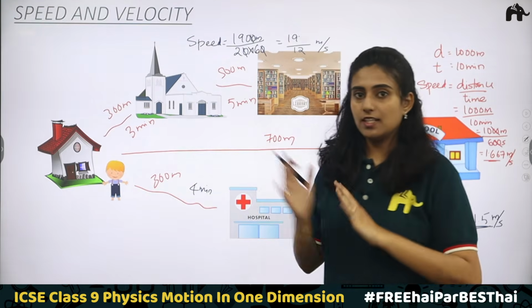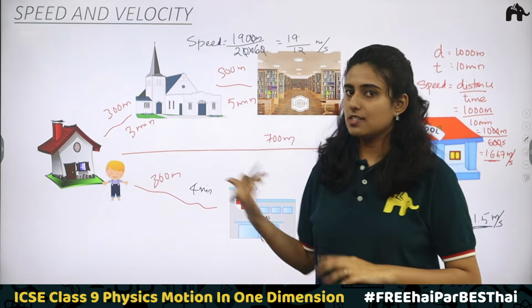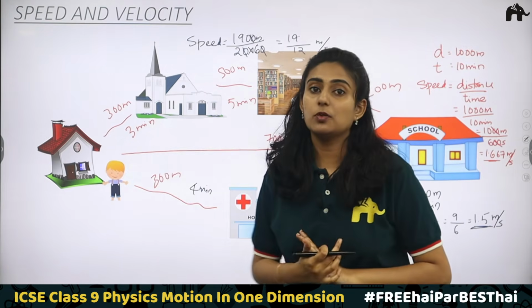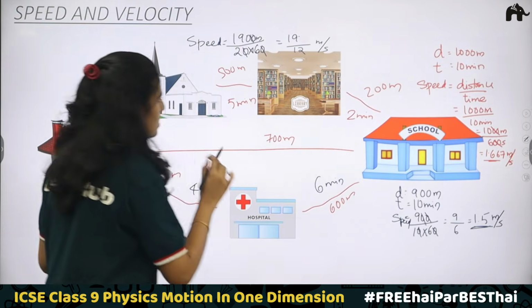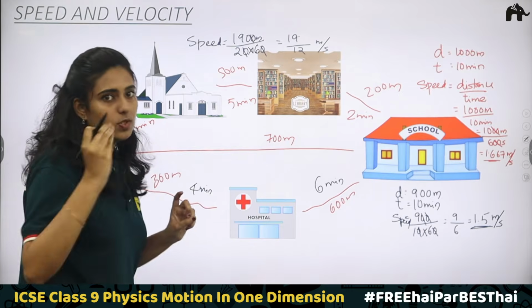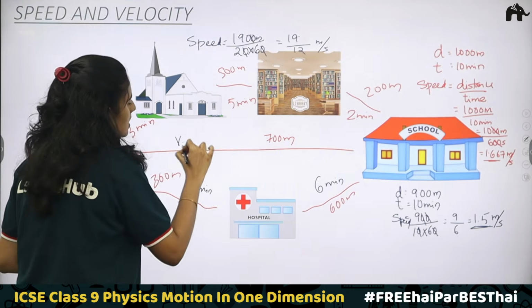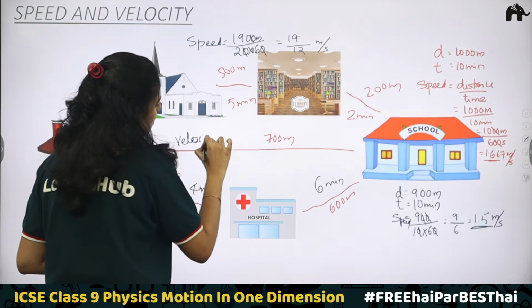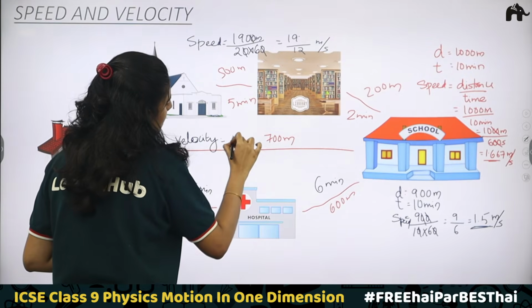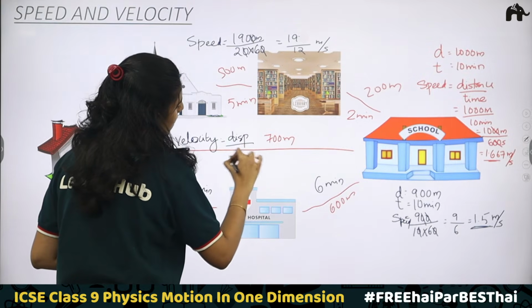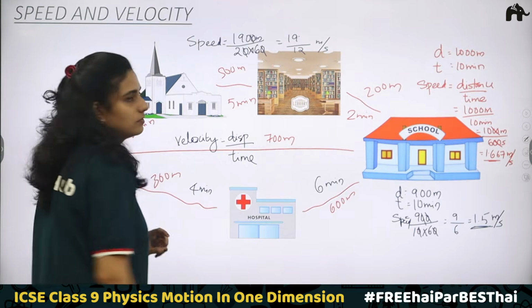Okay. When you take the case of displacement, displacement is the shortest distance we know. Using displacement, we will be calculating the velocity. So velocity, as we said, speed is equal to distance by time, then the velocity is equal to displacement divided by time. Okay.